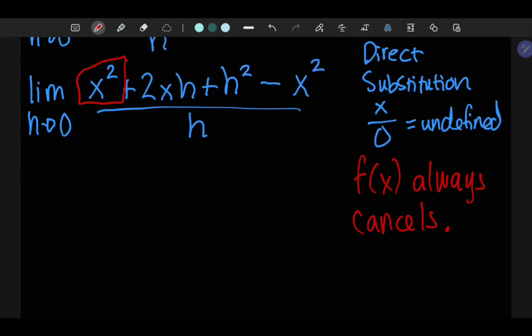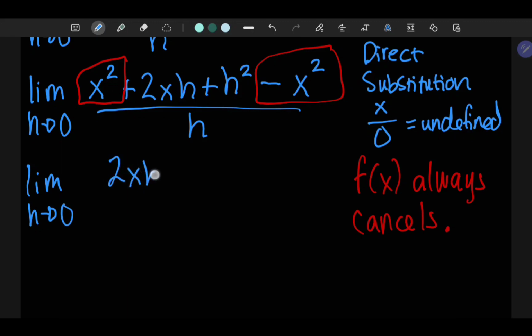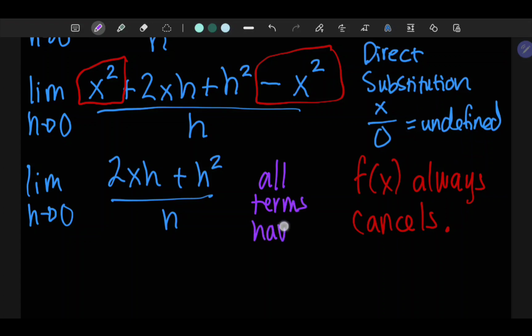So we have x squared was our function. Well, it canceled. So now we're left with the limit as h approaches 0, 2xh plus h squared, all over h. Notice now, all terms have an h, which is good because we need to divide out an h.